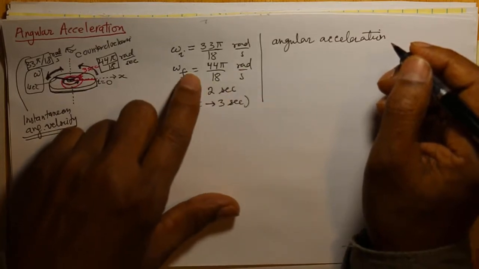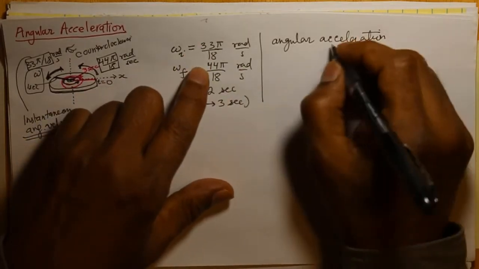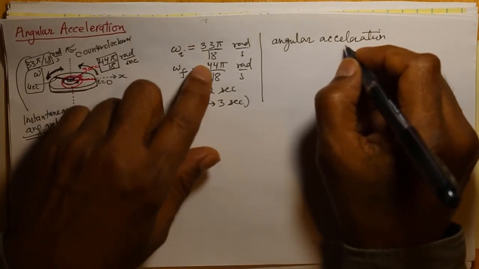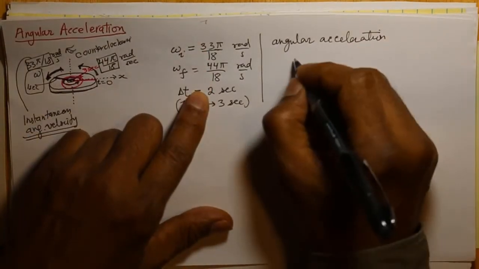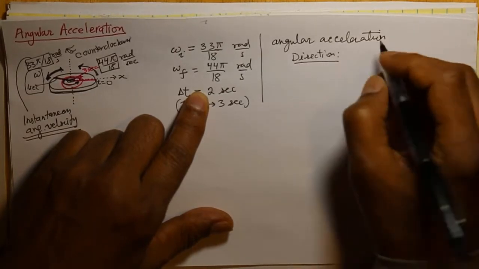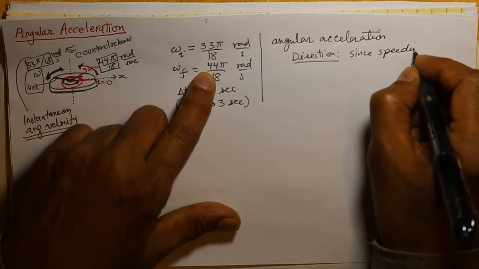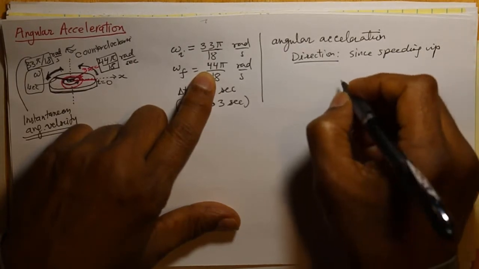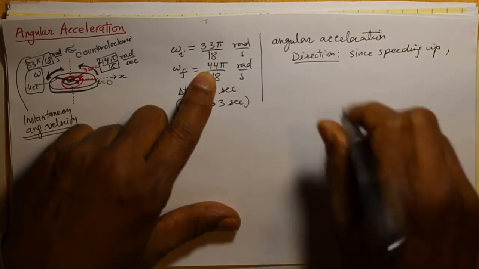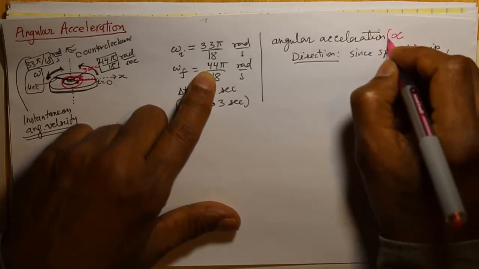And whatever the direction of the velocity is, angular acceleration must be in the same direction for it to speed up. We will use the symbol alpha for this, okay?